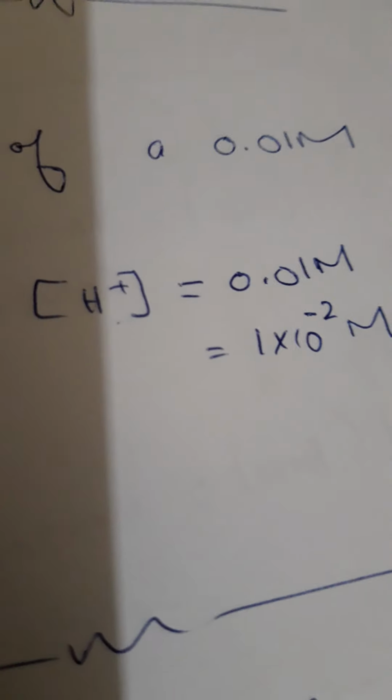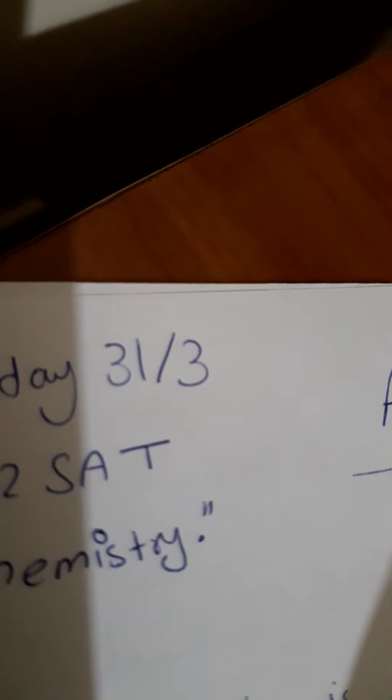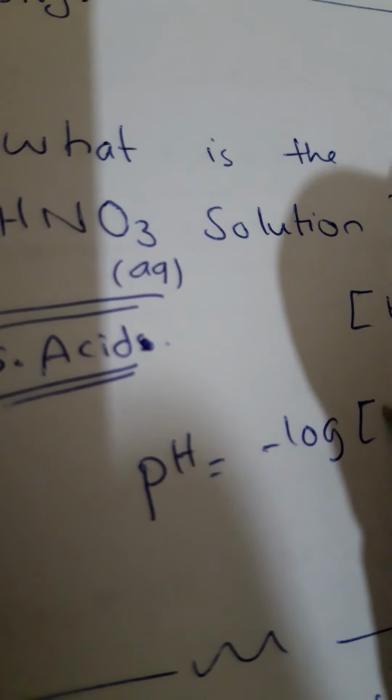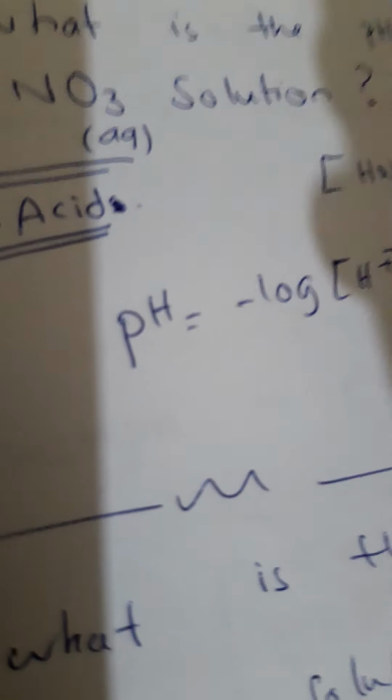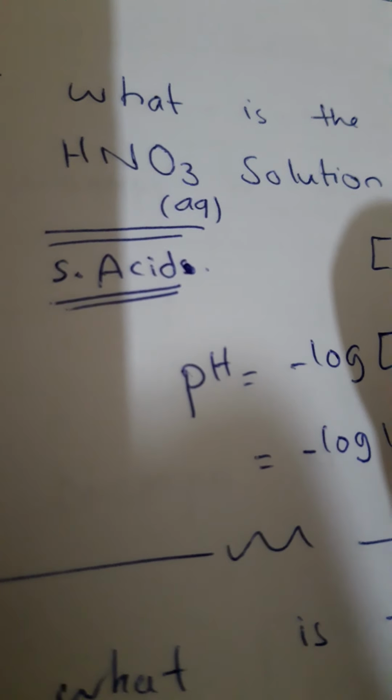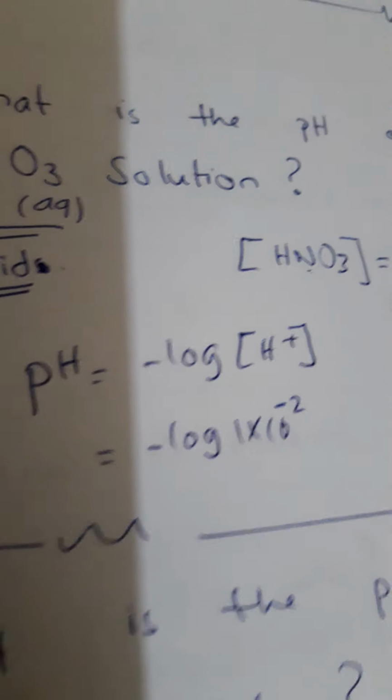So now it's easiest to find pH for the solution if we have the concentration of hydrogen ion using the equation pH equals negative logarithm concentration of hydrogen ions. So in this question we have negative logarithm 1 times 10 to the power of minus 2.